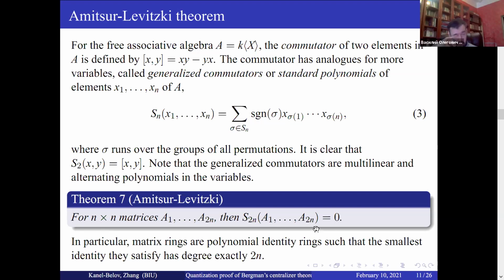Why is it the smallest one? Is there a proof? Yes, there is a classical theorem which is not trivial but not extremely difficult. I can refer to some classical book.